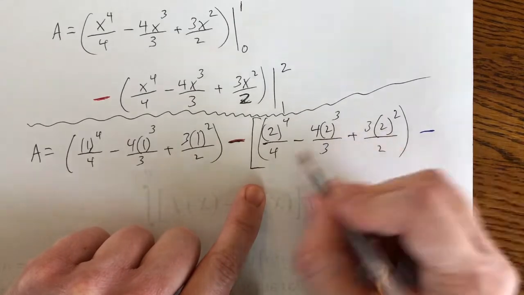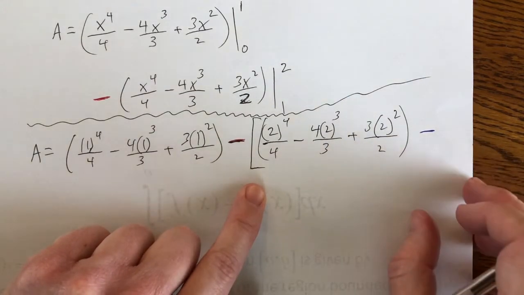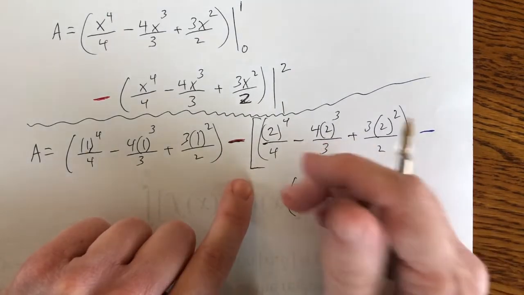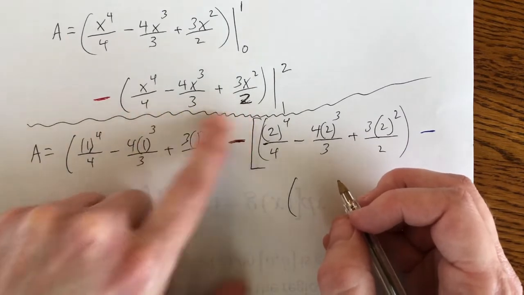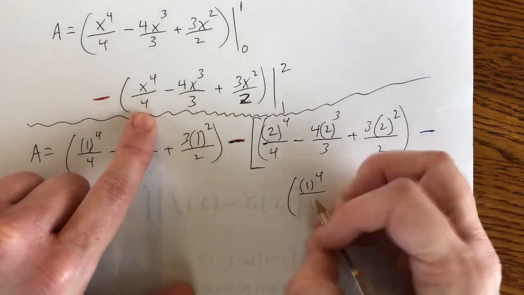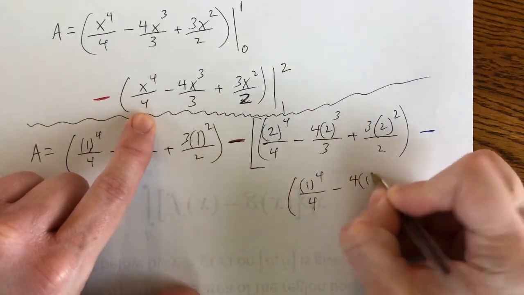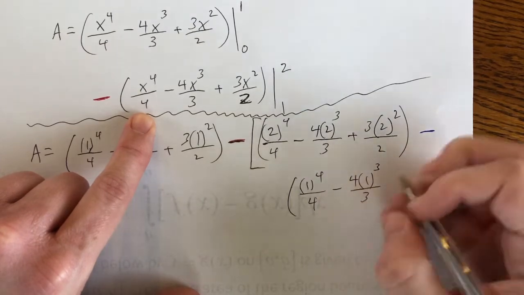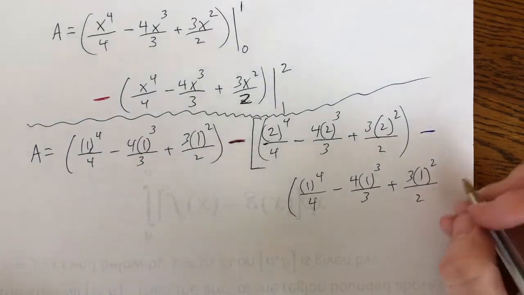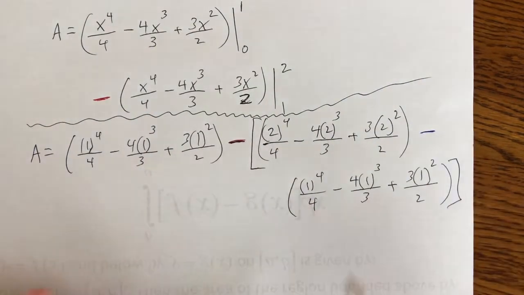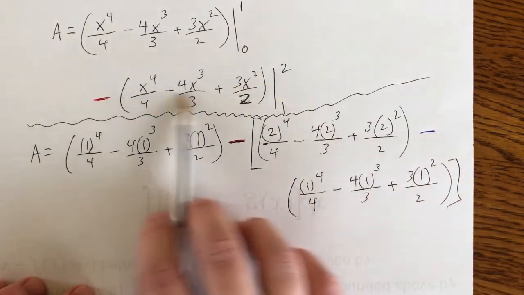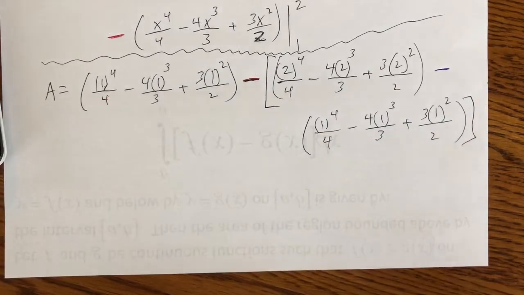Just stay with me. The next part is going to be the lower limit of integration in this same integral. So that's going to be, again, 1 to the 4th over 4 minus 4 times 1 cubed over 3 plus 3 times 1 squared over 2. And then close quantity, then close bracket. So everything here is what is happening right there. Isn't this just a delight?